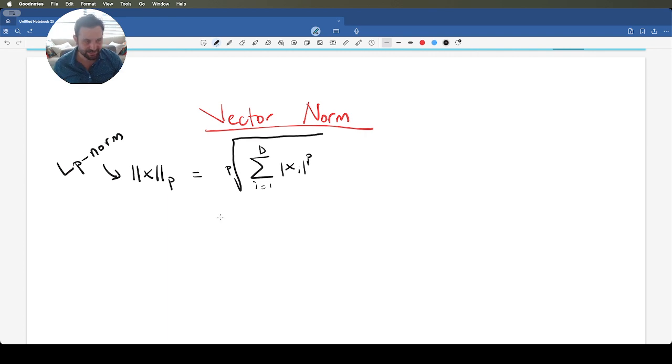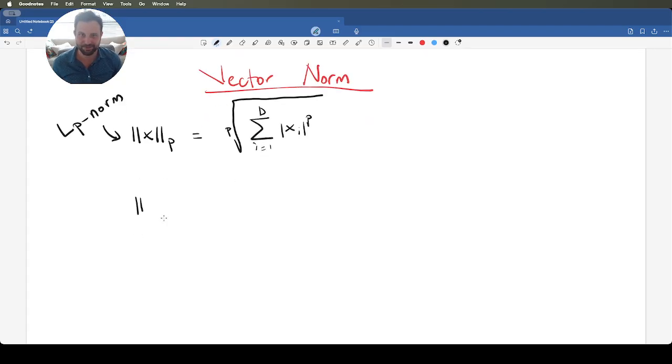I know this might look ugly, but when you replace p with the number that we will mostly be using, the L2 norm of a vector is nothing but taking the sum for i equals 1 to d of x of i squared, there's actually no need for the absolute value, and take the square root of that.